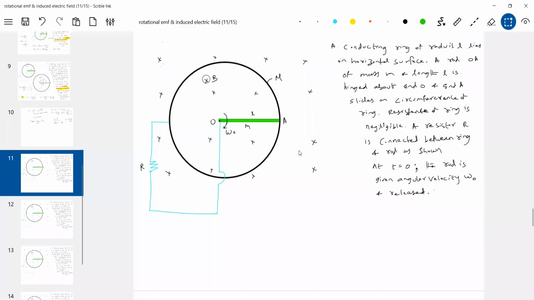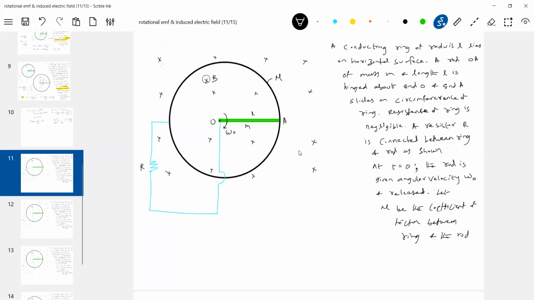Let mu be the coefficient of friction between the ring and the rod, or some constant value. Because mu N or mu mg calculation will come.